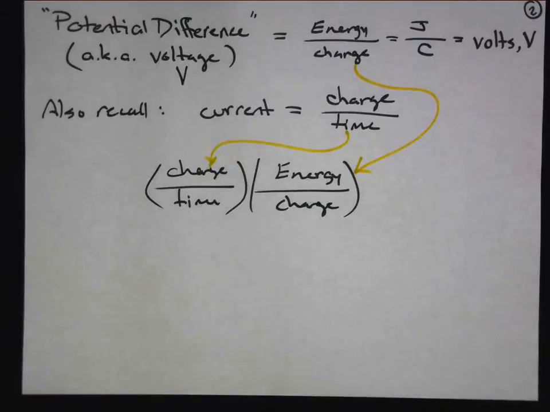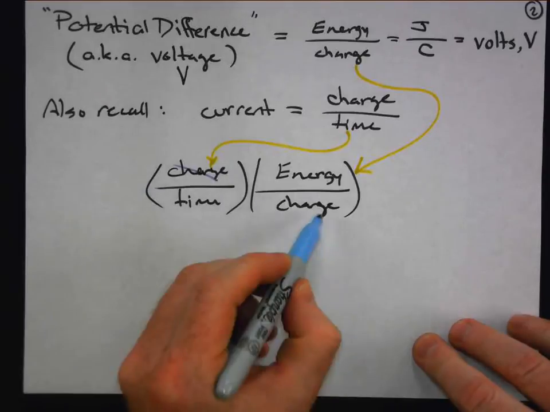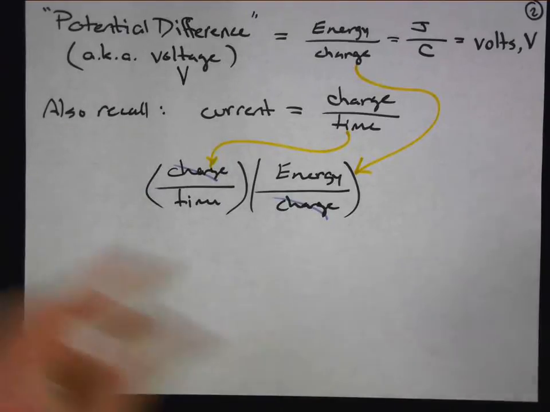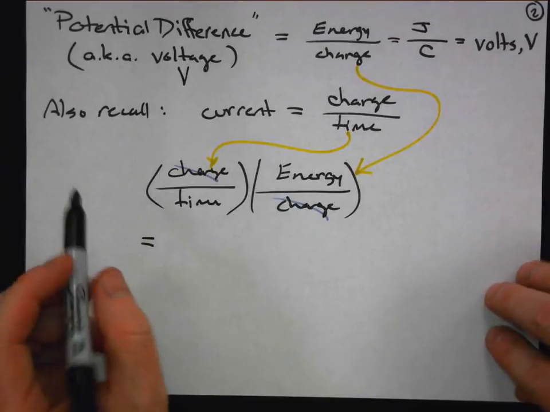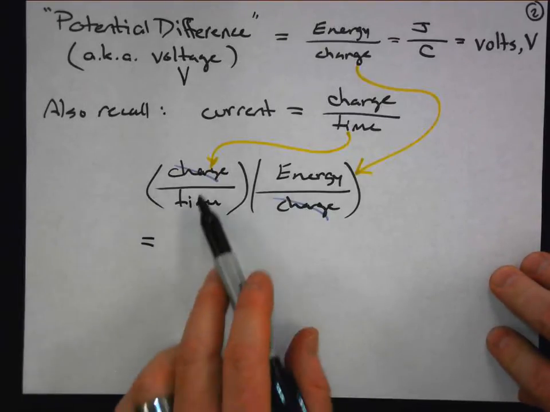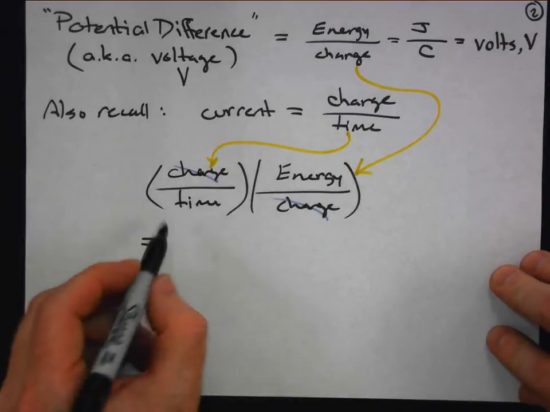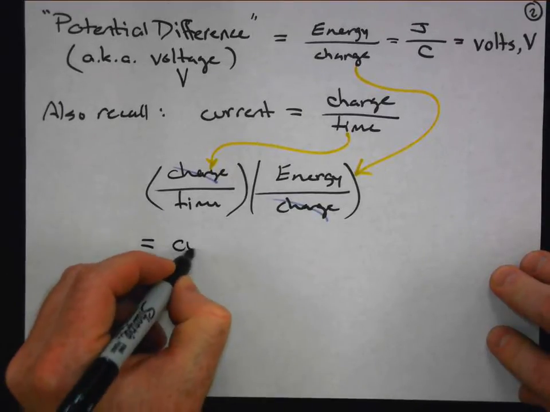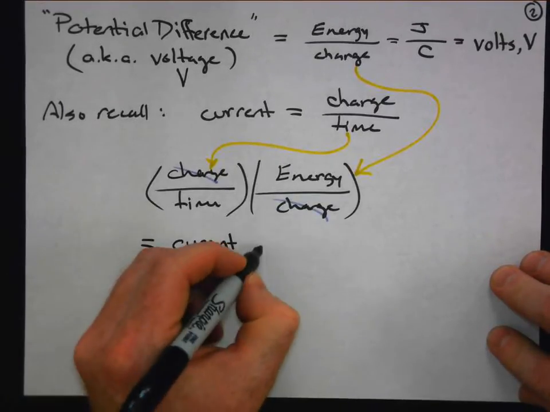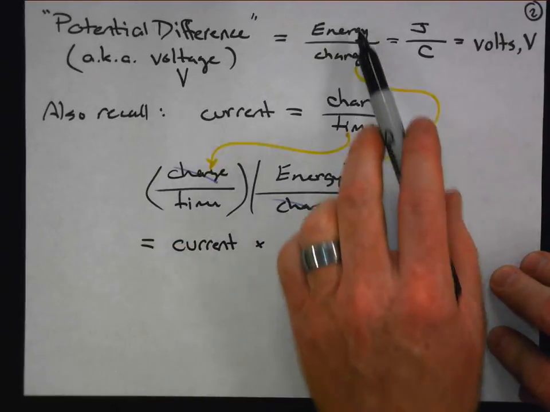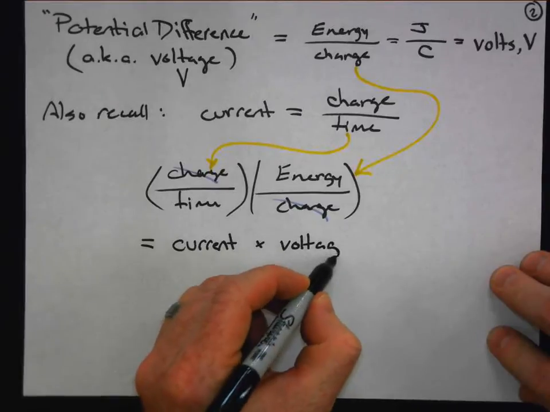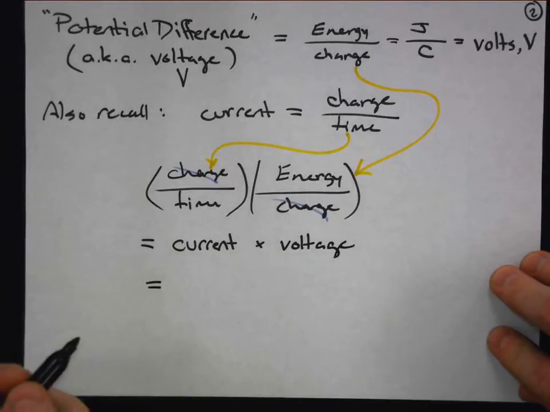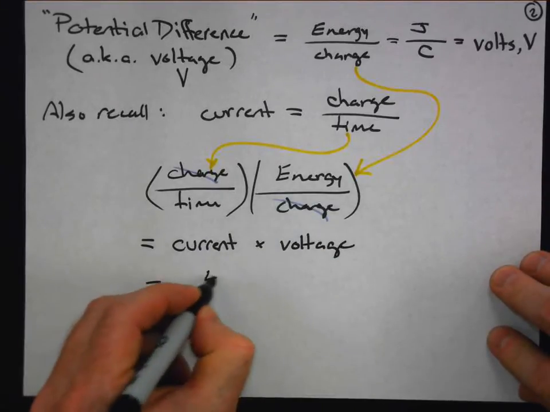And now you already see what's about to happen, don't you? Look at this. Charge cancels when you do that multiplication. And what you get when you multiply the charge per time, which is current, times the energy per charge, which is voltage, you get energy per unit time.